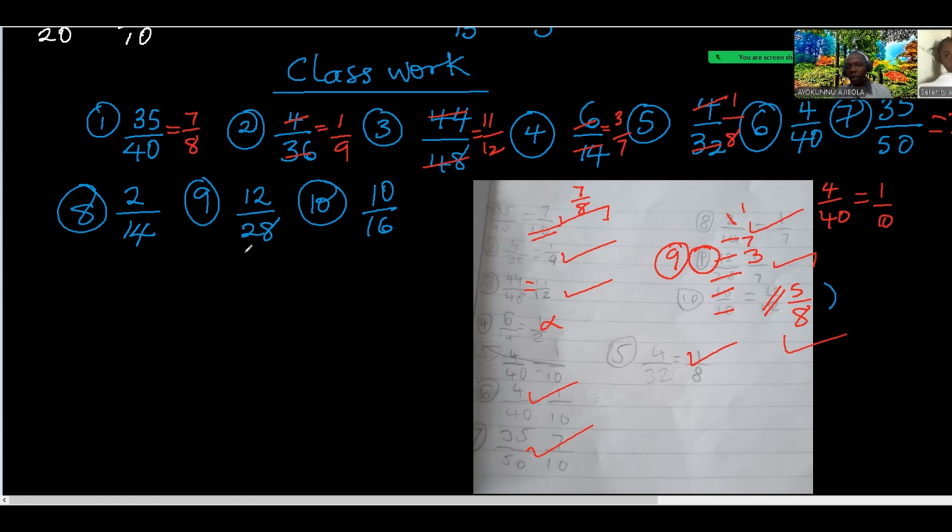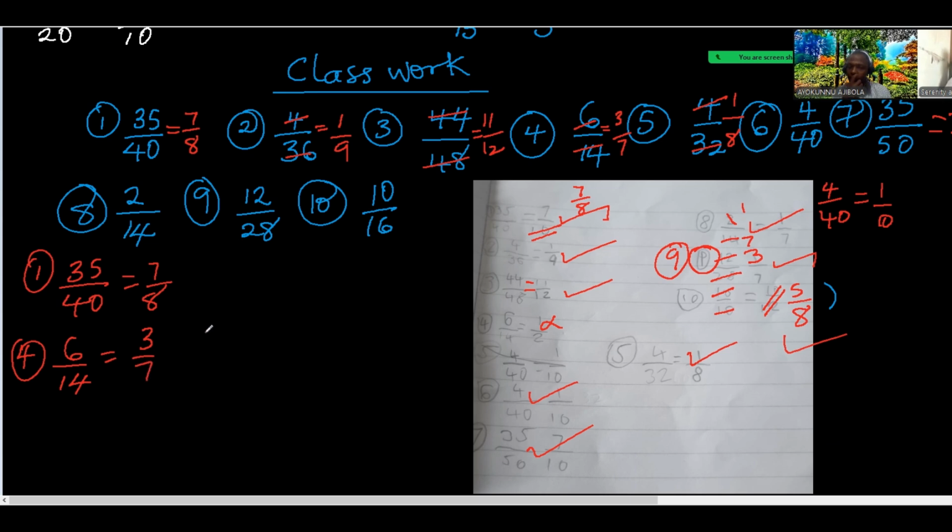So the ones that need correction: number 1, which is 35/40, gives 7/8. Then you need the correction to number 4, which is 6/14. How many 2 in this? That is 3/7. Is that clear?